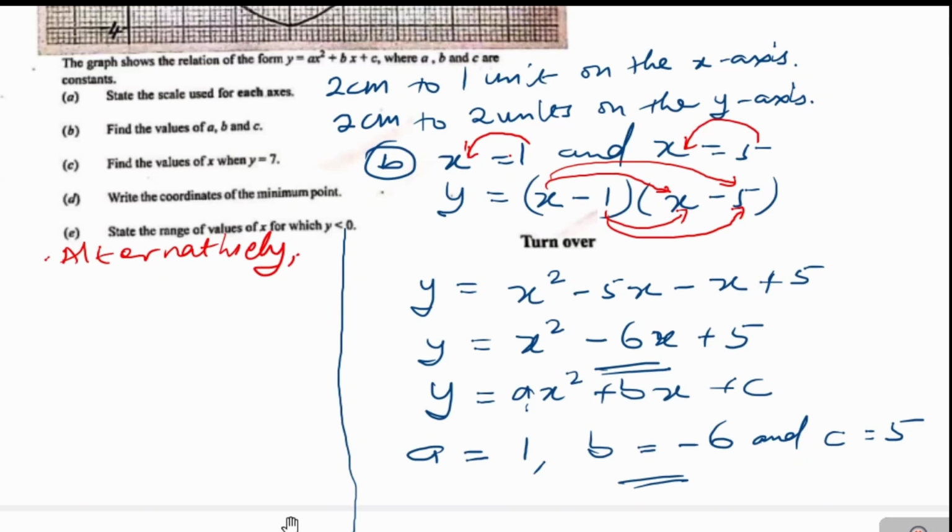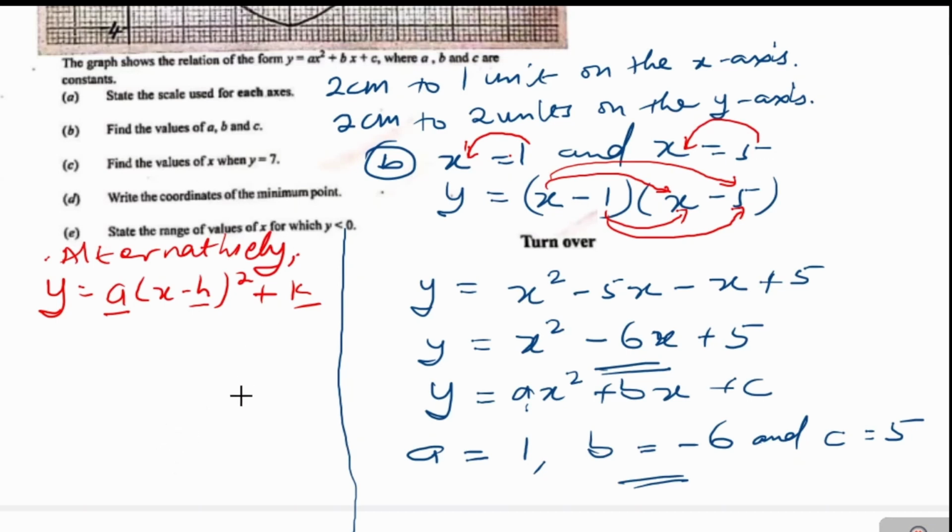Expressing it in the vertex form, we are going to use the form y equals a multiplying x minus h all squared plus k, where a is the same as the a in the general form, h is the x coordinate of the vertex, and k is the y coordinate of the vertex.